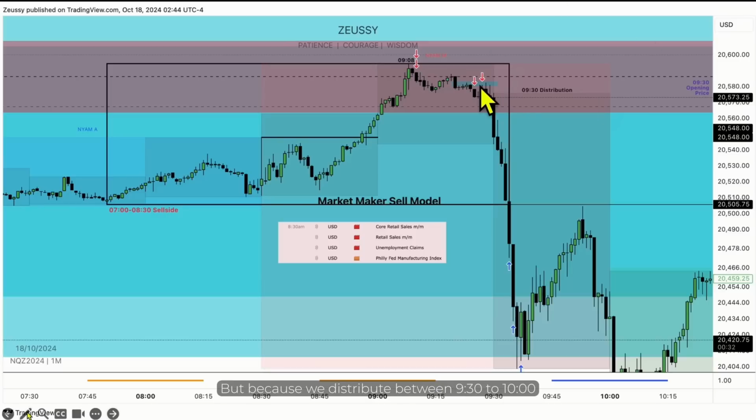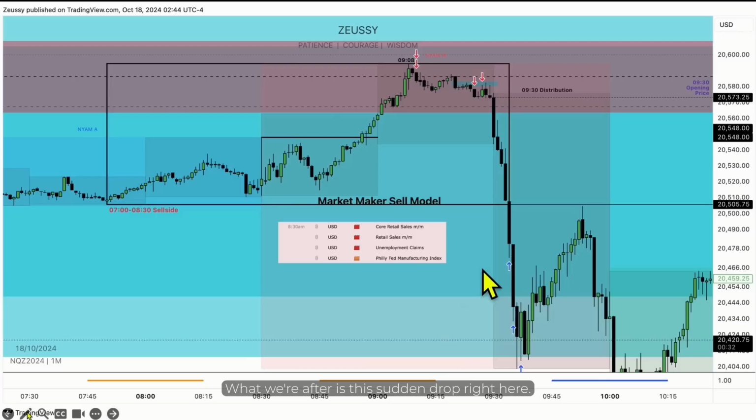But because we distribute between 9:30 to 10, what do we anticipate for that third 90-minute cycle of the morning session from 10 to 11:30? We anticipate chop. Why? Because the job has already been done. We already reached the key levels that we were meant to reach for that particular morning session. Surely we have one more drop lower after 10 AM, but that right there is not what we're after.